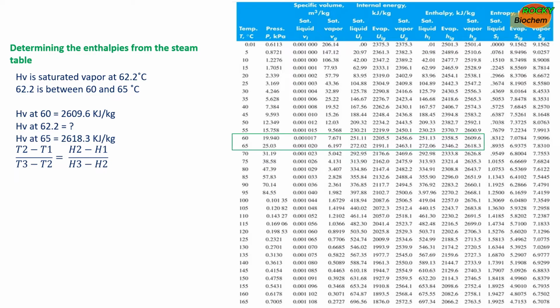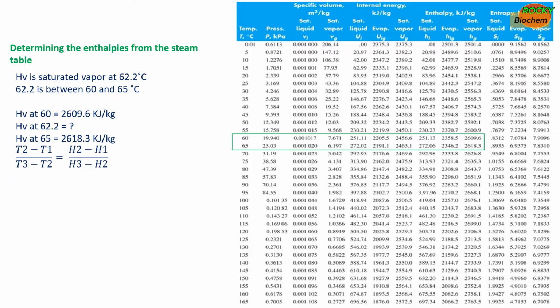I just assume that the least temperature value among them is our H1, the middle value becomes our H2, and the highest value becomes our H3. In this case, 60 degrees Celsius represents our T1, 62.2 that we are looking for becomes our T2, and lastly 65 degrees Celsius, which is the highest, represents our T3.